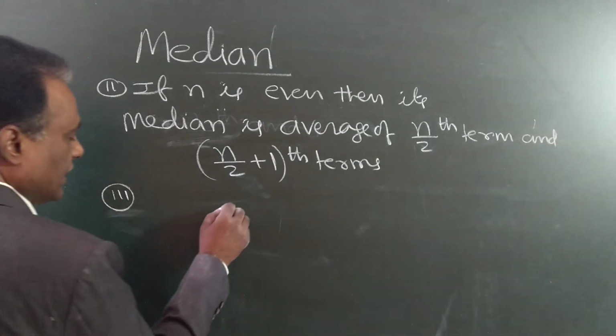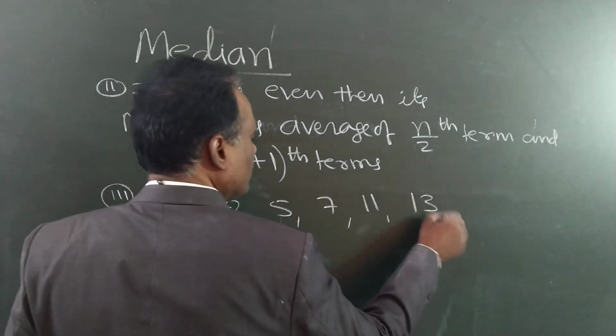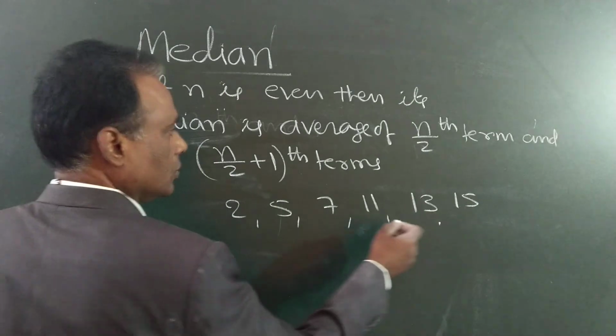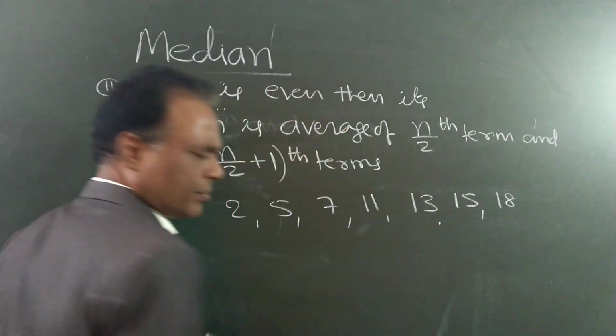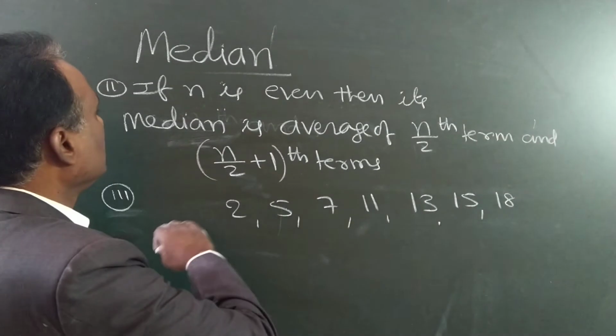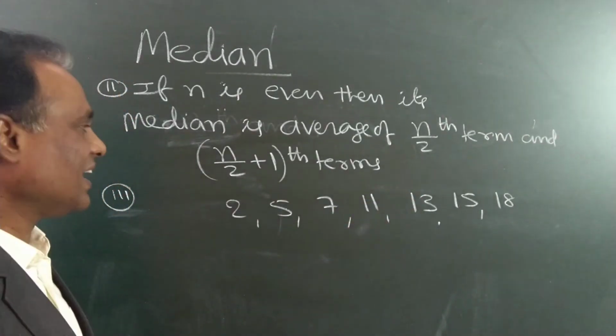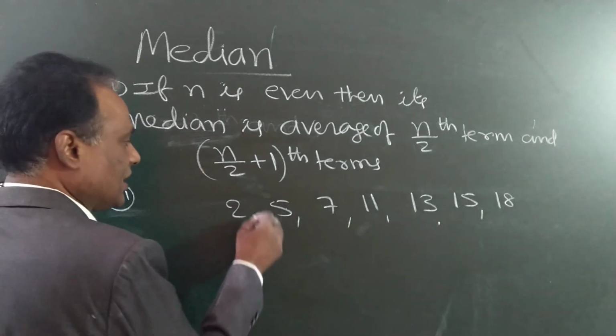Students, just see here, 2, 5, 7, 11, 13, 15, 18. Suppose these are the numbers. What is its median? Already they are arranged in ascending order, smallest to greatest. So which is the middle one?